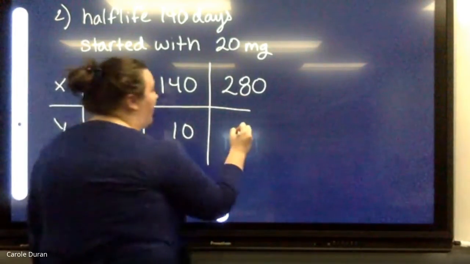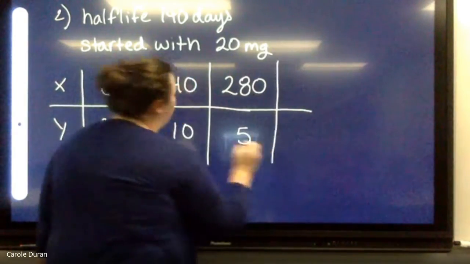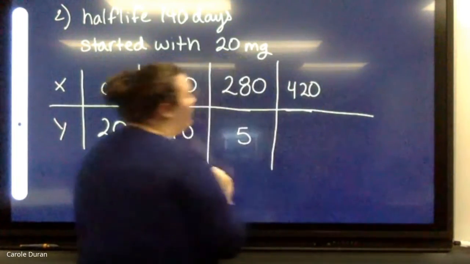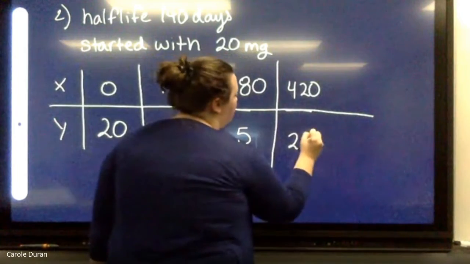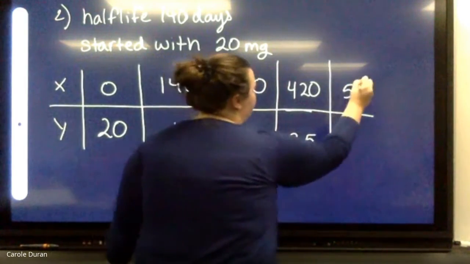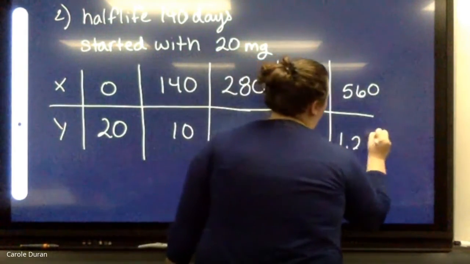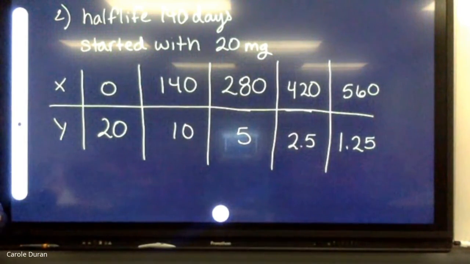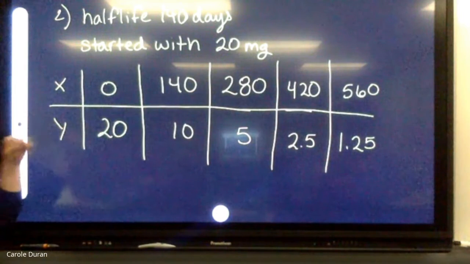Half of 10 is 5. And I, of course, could keep this going if I wanted to. So day 420, I'm going to have 2.5 milligrams. And then day 560, I'm going to have 1.25. You could obviously keep going if you wanted to, but I have 5 points, so I'm good to go.